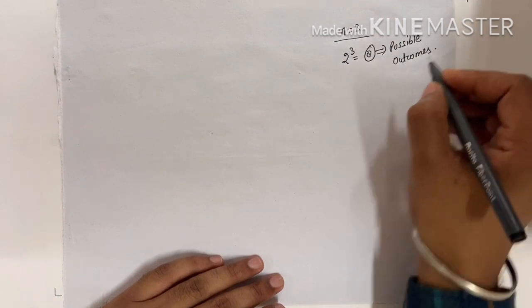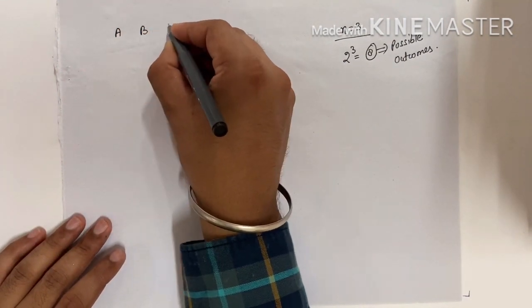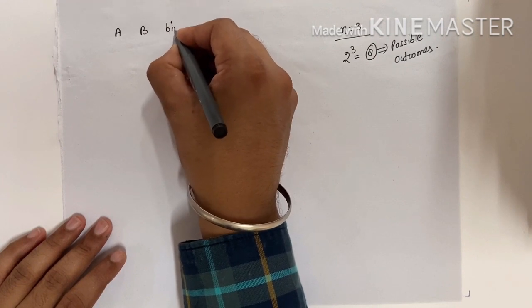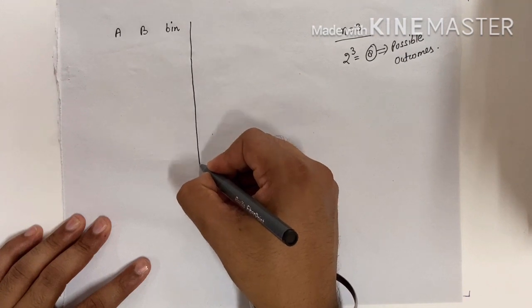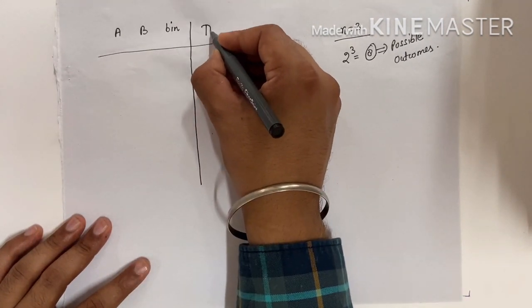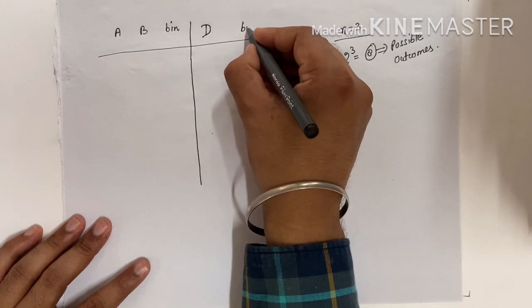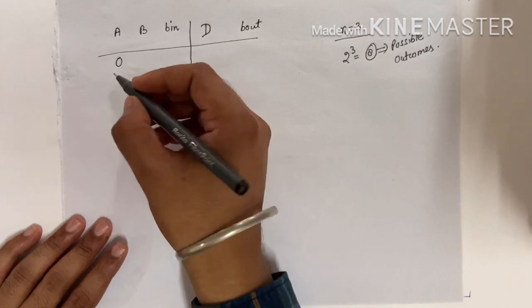We write A, B and B input here. This is the input, and after writing the possible outcomes, we write the output: this is difference and this is B output.